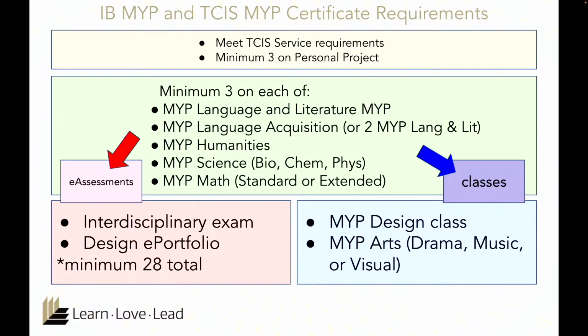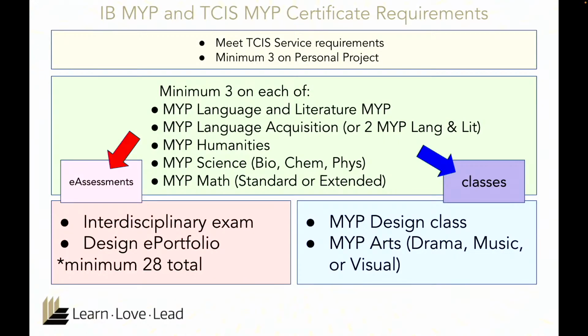They must also do an interdisciplinary exam, which is a big difference. Other students will have to do the interdisciplinary unit, but not write the exam. And then also there is an e-portfolio in design if you are taking the e-assessments. In these courses, you must achieve a minimum of 3 and get a minimum total of 28 in order to get the IB MYP certificate.